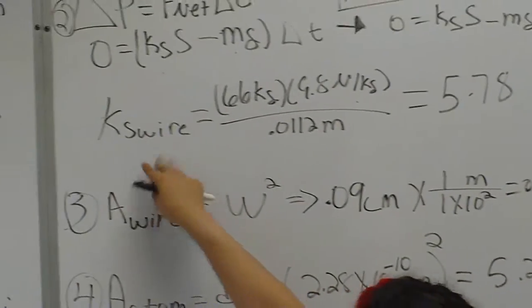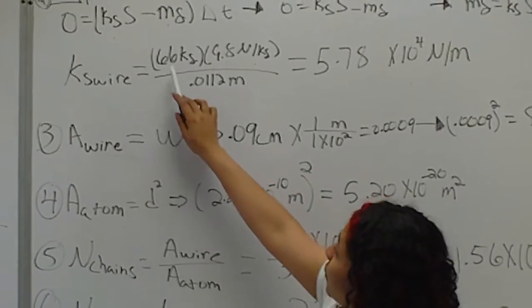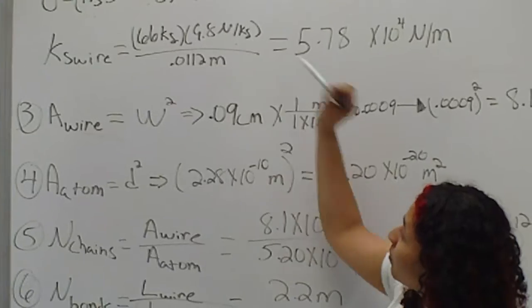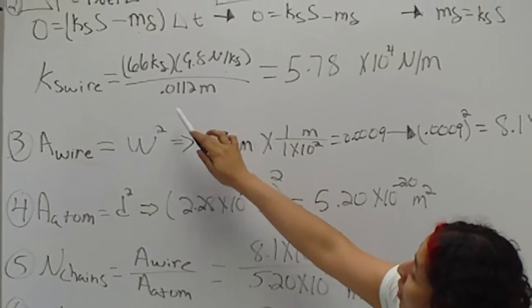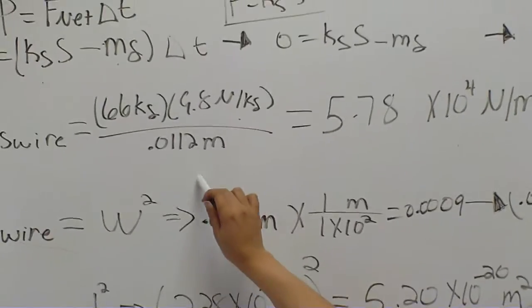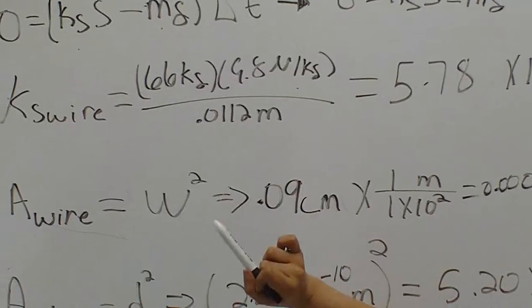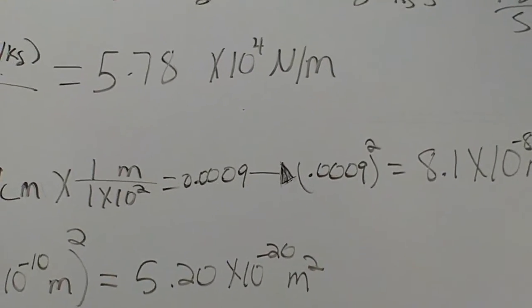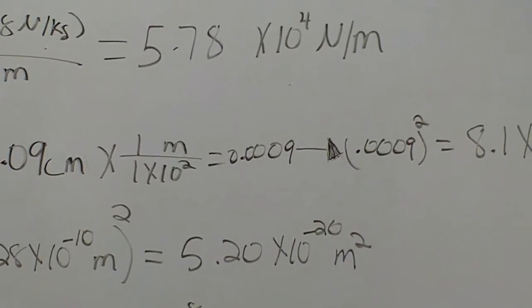So we plug in the variables they give us: 66 kilograms times 9.8 newtons per kilogram, divided by your stretch. We also have to convert the stretch into meters, because it was originally in centimeters. From there, we get 5.78 times 10 to the 4th newtons per meter.